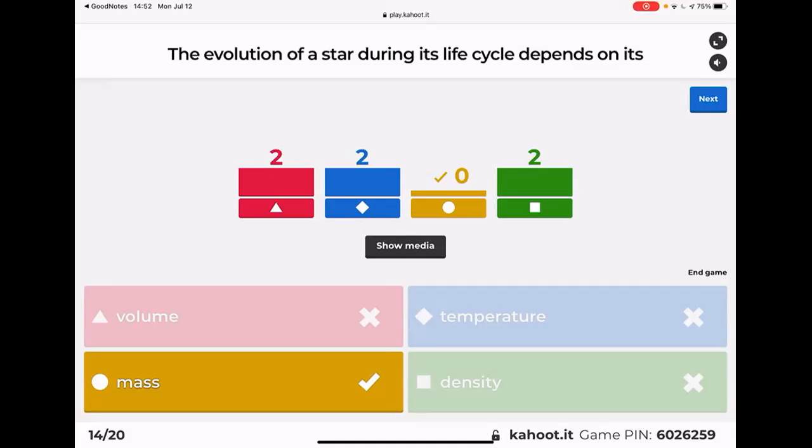If it's a really big star, then gravity will compact it together, making it more dense and hotter. And since it has more mass, it'll have more volume. If it has less mass, then gravity doesn't have as much effect on it, so its density isn't as great, its temperature isn't as hot, and therefore it has less volume.